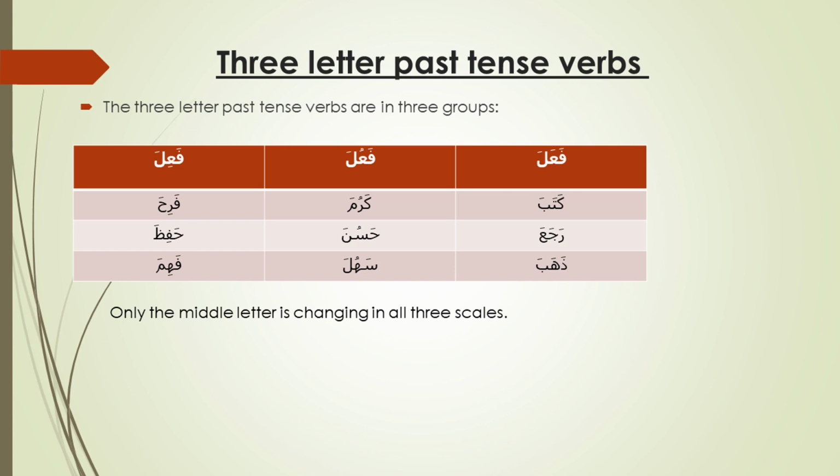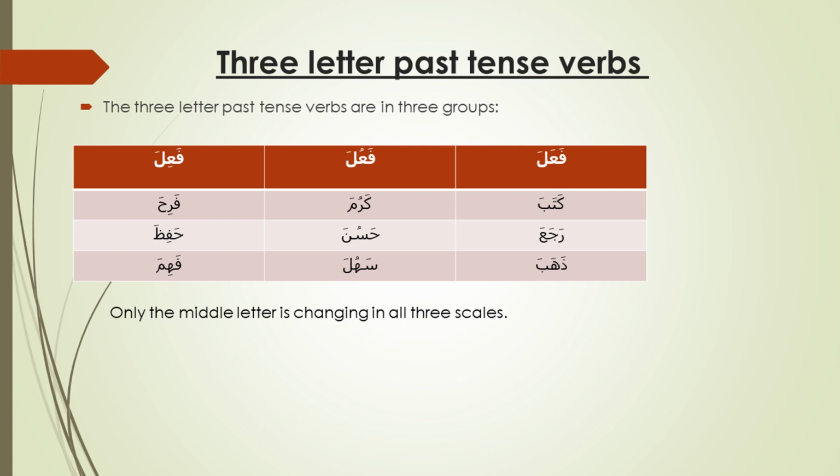You have karuma, to be noble, hasuna, to do good, or sahula, to be easy. So you see the pattern now. It's not karama, it's karuma, because it's on the scale fa'ula. If I say hasuna, you should know automatically it's on the scale fa'ula. Look at the harakat and follow it.